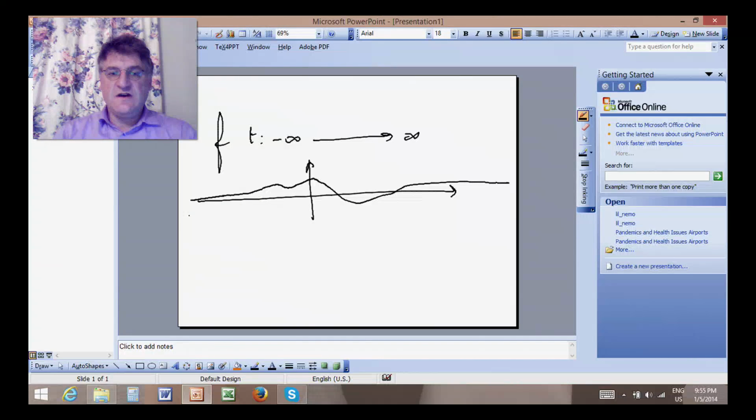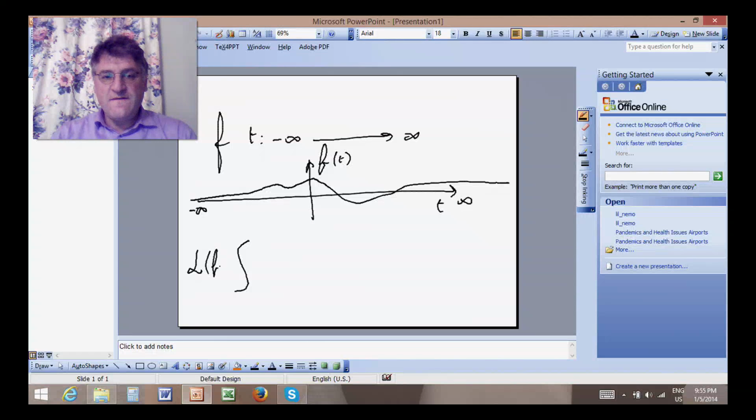Minus infinity being here, infinity being here, and t being the variable here, while f of t is on the y-axis. And in this case, indeed, the Laplace transform of f is the integral from minus infinity to infinity of e to the minus st f of t dt.